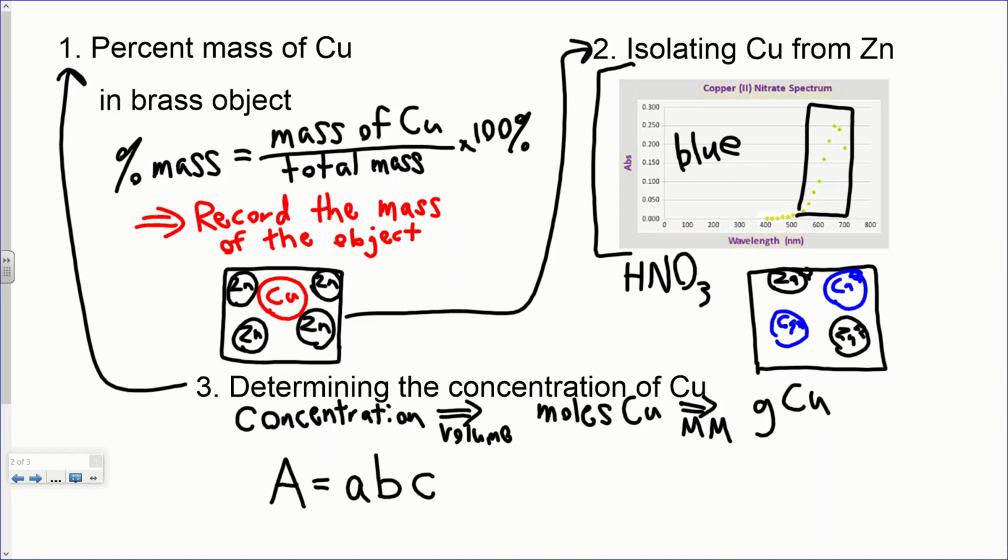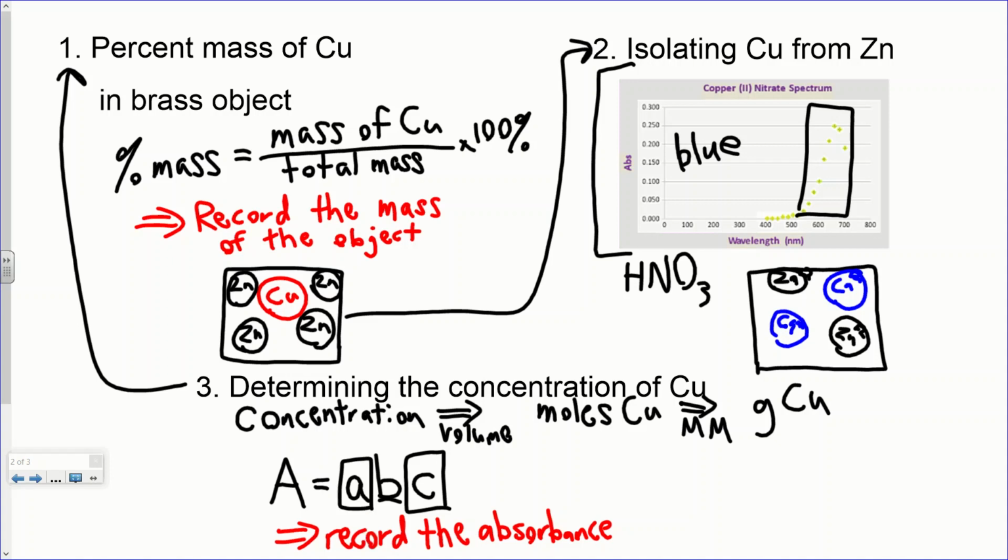So since we're trying to find the concentration here, we have to record the absorbance of our solution. And I'll just tell you, the path length is going to be 1 centimeter, and then all we need to find is the molar absorptivity value.